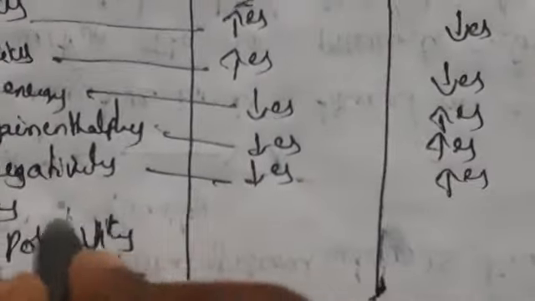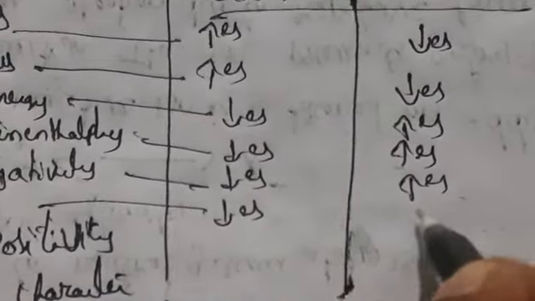Coming to electronegativity, it also decreases in a group and increases in a period, and electron affinity also decreases in a group and increases in a period. Coming to valency also, it decreases in a group and increases in a period.